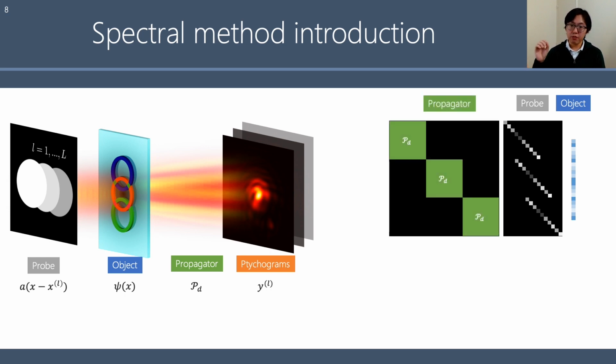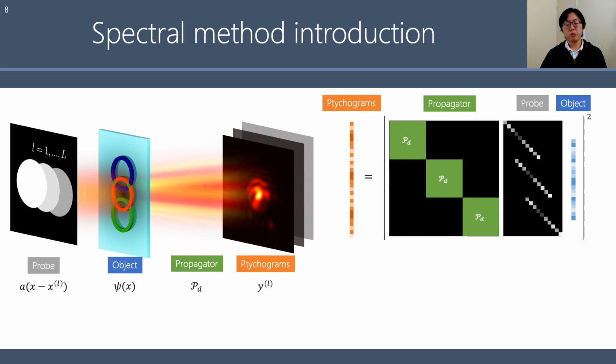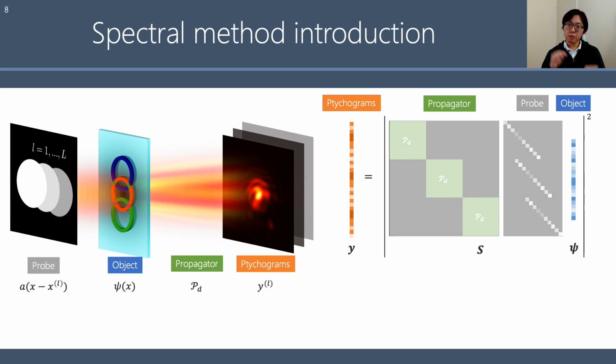Then the resulting field is propagated, which is modeled by a linear operator. Finally, an element-wise modulus square operation corresponds to the intensity measurement on the camera. This can be rewritten as y is equal to the modulus square of a certain matrix S times our object psi.